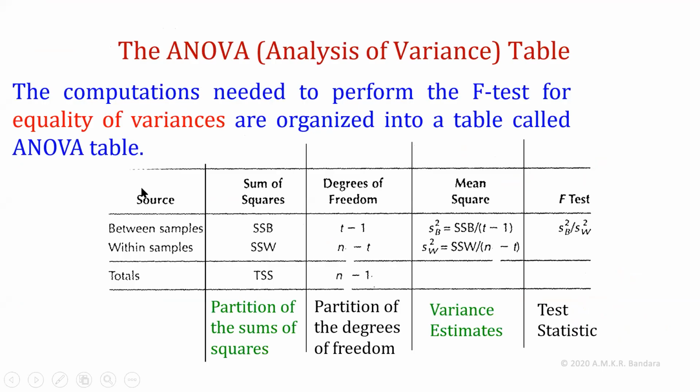The first column represents the source of variability. The second column represents the sums of square. The third column represents the degrees of freedom. The fourth column represents the mean sums of square. The fifth one represents the F calculated value.